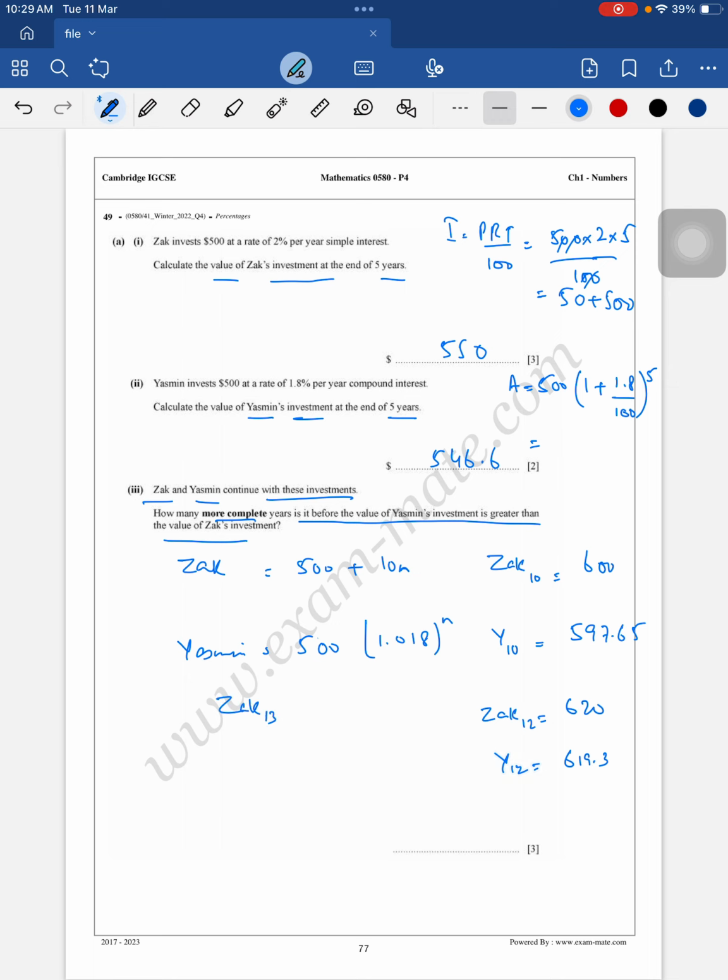Zach after 13 is 500 plus 10 into 13, we have 630, and Yasmin after 13 is 500 into 1.018 power 13, 630.5. Okay, so after 13 years, Yasmin's investment will be greater than Zach's investment.